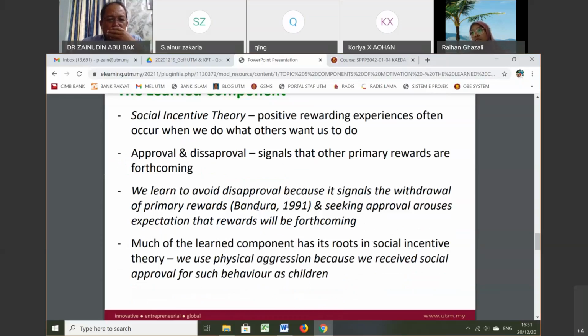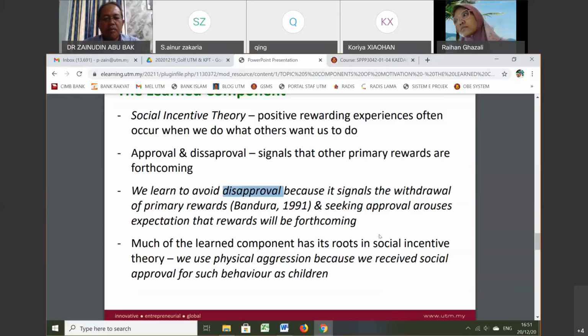Now, this is from Bandura. We learn to avoid disapproval because it signals the withdrawal of primary rewards. So again, the word disapproval. In many ways, the way people feel, the way people see, the way people understand it is various.